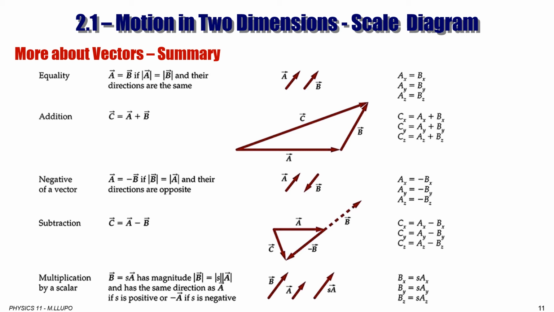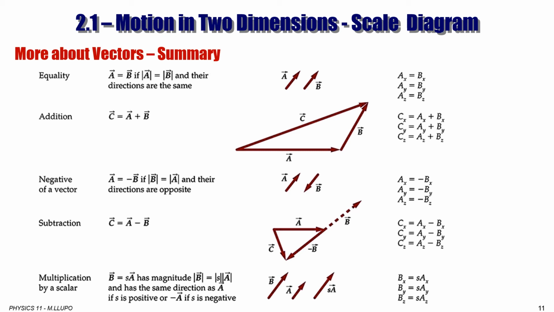And last one, if you want to multiply a vector by a number, that means if the number is bigger than 1, then the magnitude is going to be multiplied by that number. But remember, if the number is negative, it's going to produce a vector that has a bigger magnitude, obviously, but the direction is going to be flipped to the opposite direction because of that sign in front.